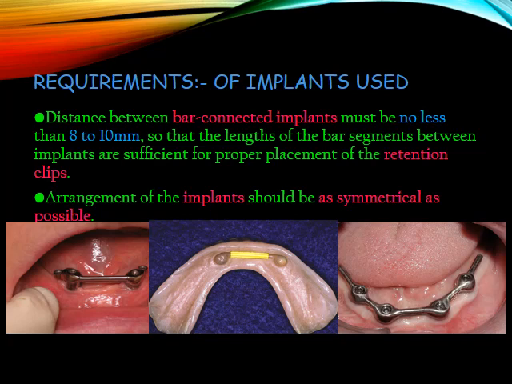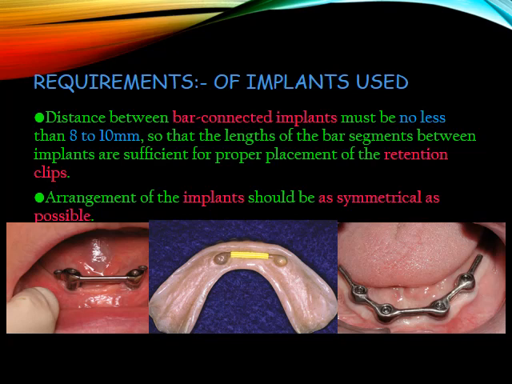The requirements of implant-supported overdenture. First, the distance between bar-connected implants must be not less than 8 to 10 millimeters, so that the length of the bar segment between implants is sufficient for proper placement of the retention clips.